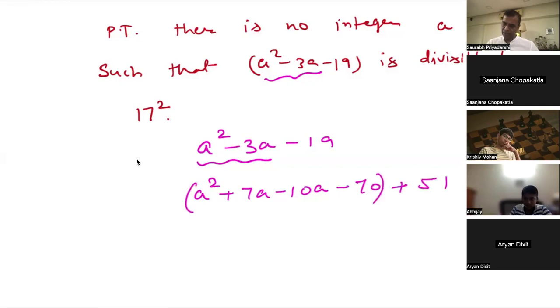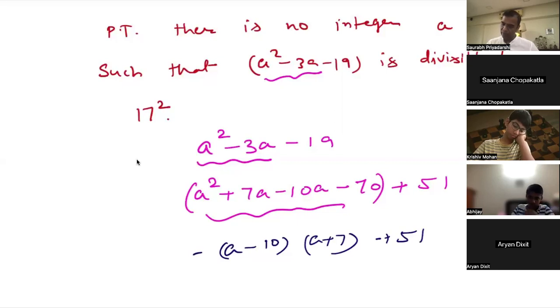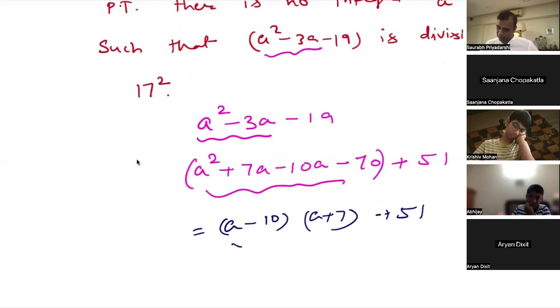I can split this into two parts: one is a minus 10 and a plus 7, plus 51. You can see the difference between both numbers is 17.